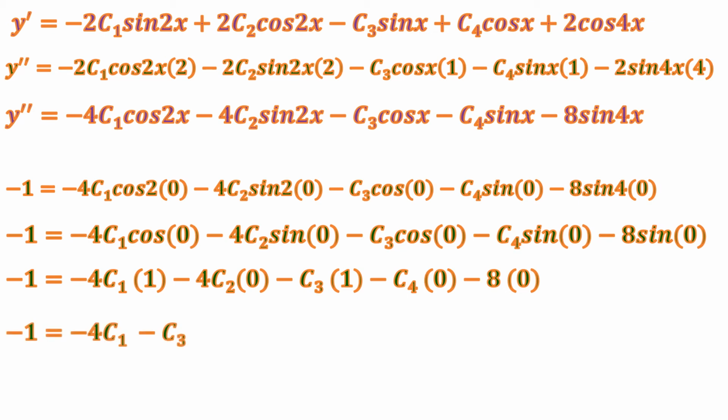And all the numbers multiplied by 0 will be gone. So we're left with negative 4c1 minus c3. Then we divide by negative 1 because they are all negative, so that it is all positive. Anyway, you can leave it as negative, but I am more comfortable if the values are all positive.